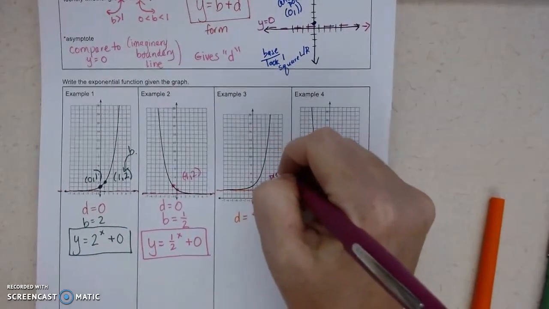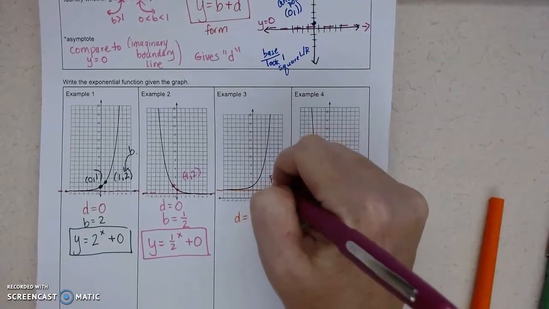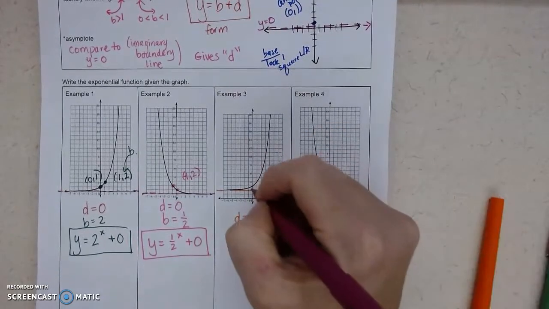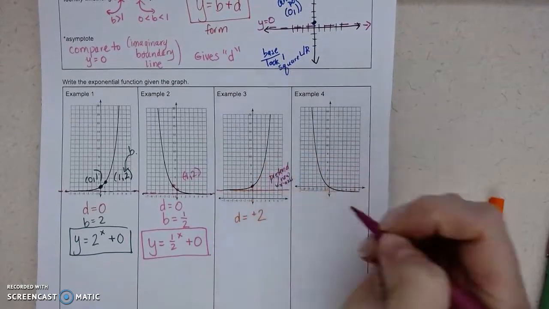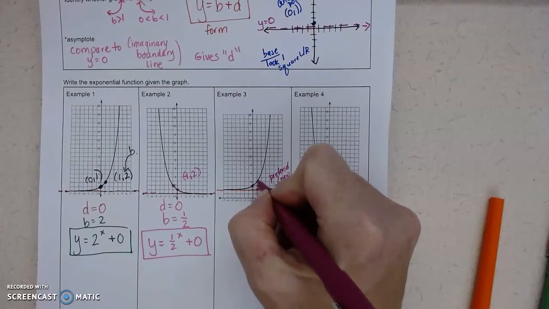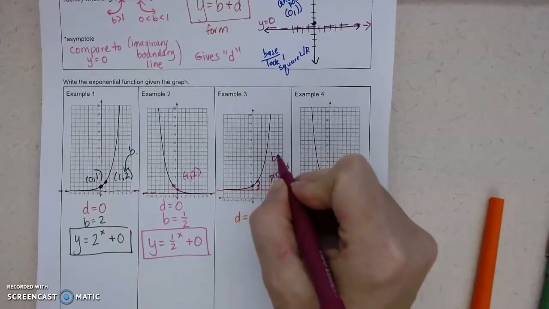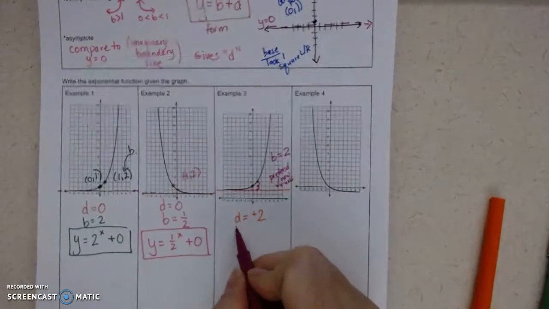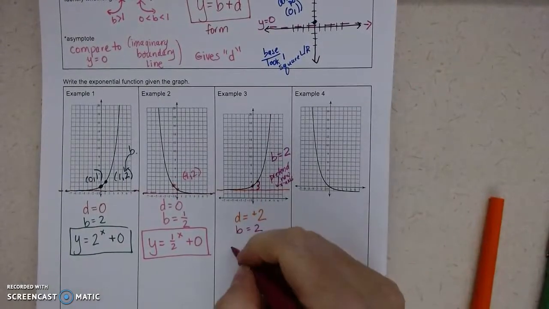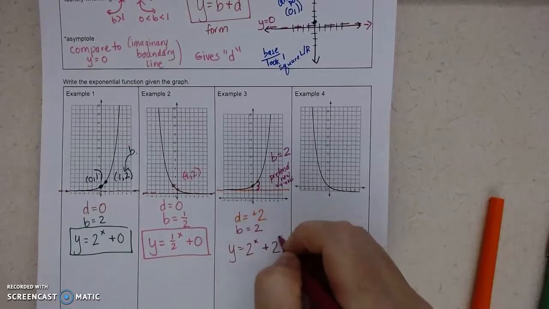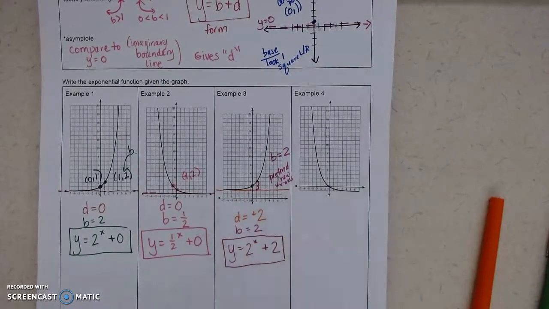So we're going to pretend that this is our new x-axis. Well, we're still at (0, 1). So I'm going to go 1 to the right, and we went up 2 units. So that means that our base is 2. So y equals 2 to the x plus 2, because now we had a vertical shift up 2 units.